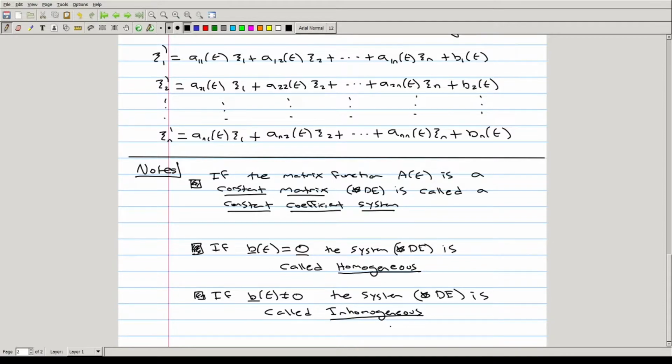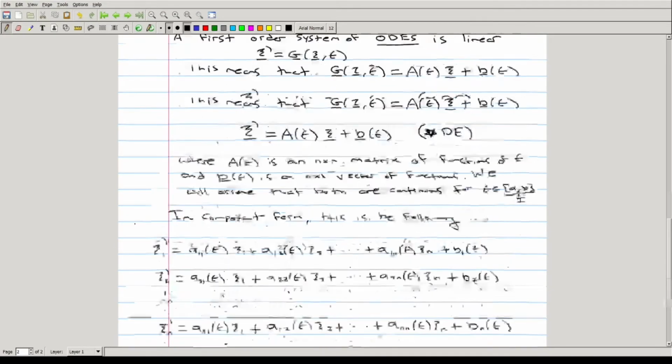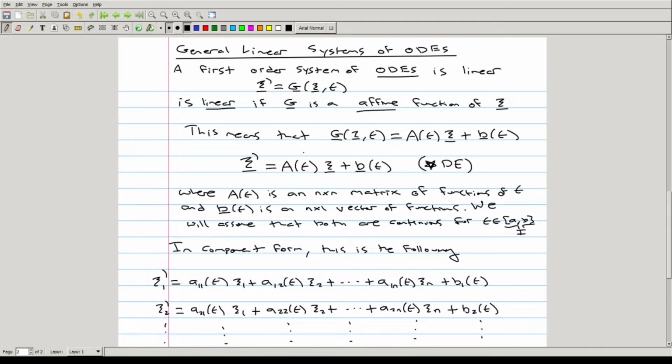And this is going to be a very important distinction because it's actually going to determine how we go through and solve for the most general solution for the IVP. We go through and solve for the initial value problem for any given differential equation system of this form.